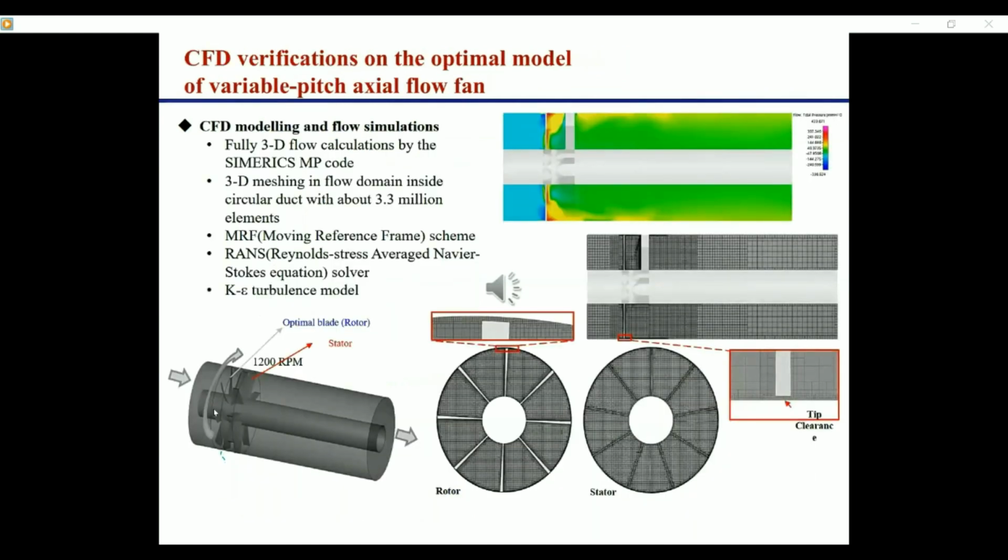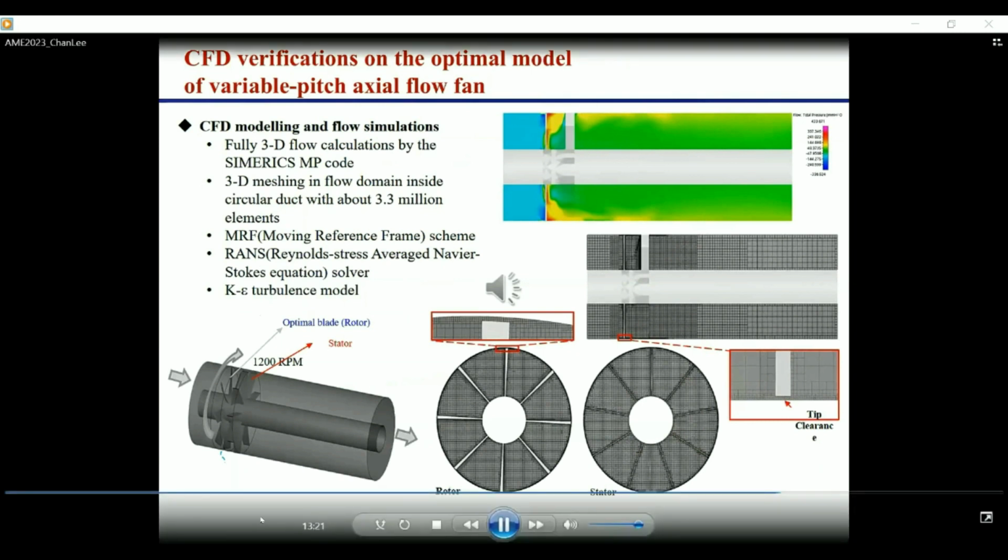We also apply the CFD technique to the optimal fan model. We use the commercial codes for CFD modeling and simulation. You can see the 3D meshing in the flow domain inside the circular duct with about 3.3 million elements.